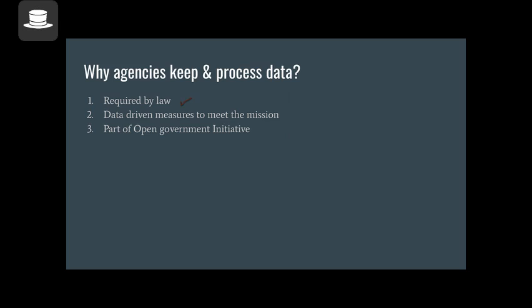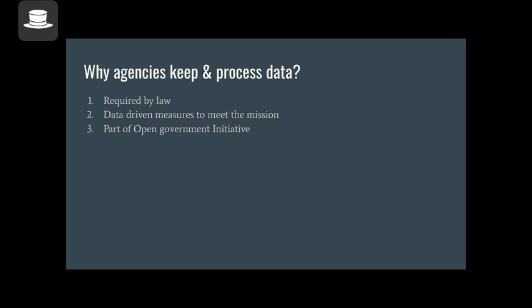They may just do it because the law requires them to. There are several laws in the United States, specific to several agencies, that require these agencies to make this data available to the people, for several reasons.